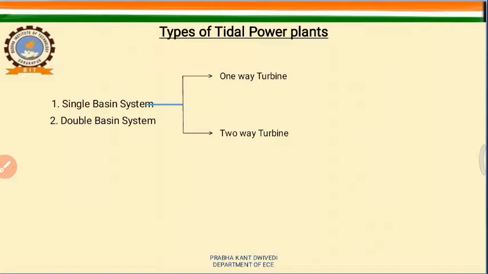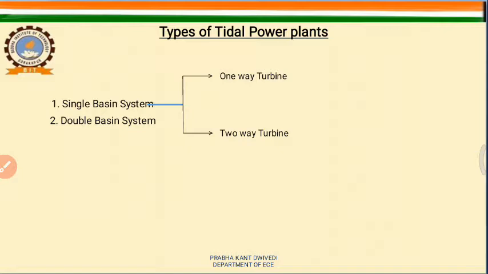This can be further classified on the basis of the turbine used. This turbine can produce electricity while rotating in one direction, and also while rotating in the other direction. So in both directions this turbine can produce electricity.